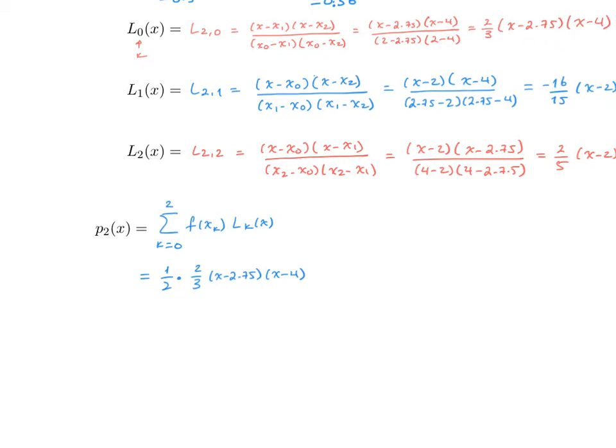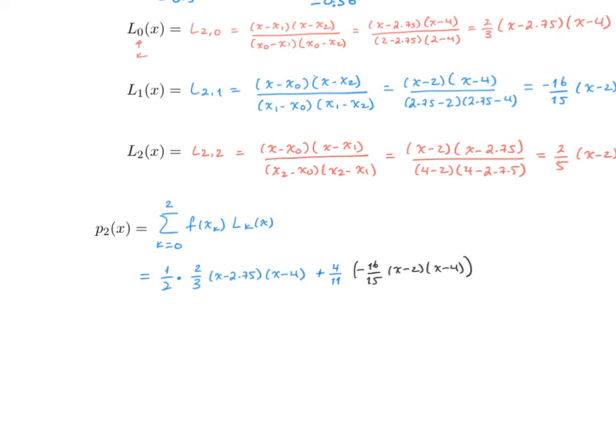And then the next value was plus 4/11 times minus 16/15 times x minus 2, x minus 4.